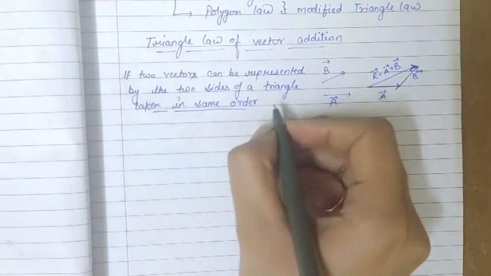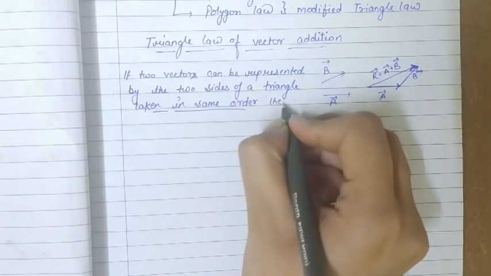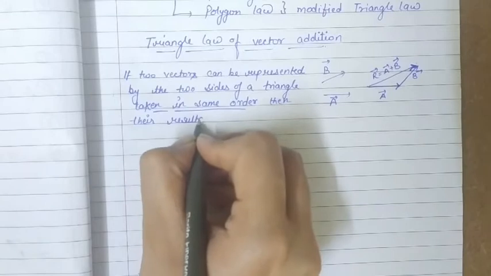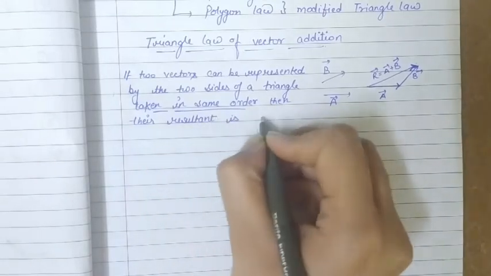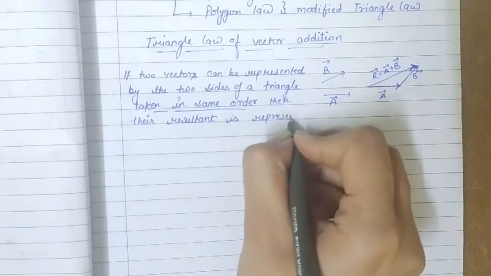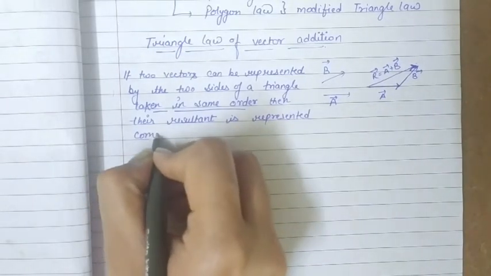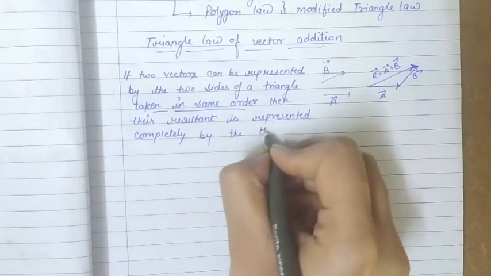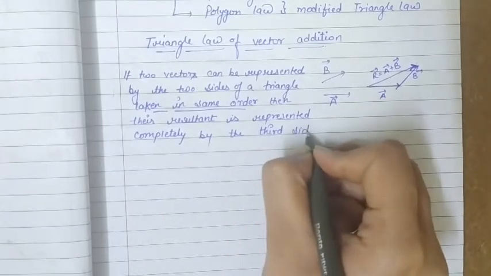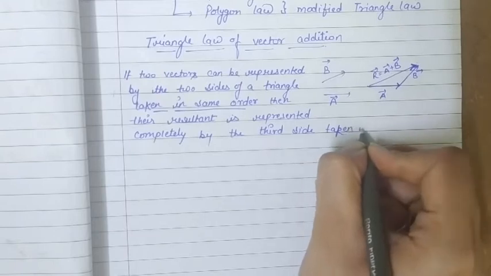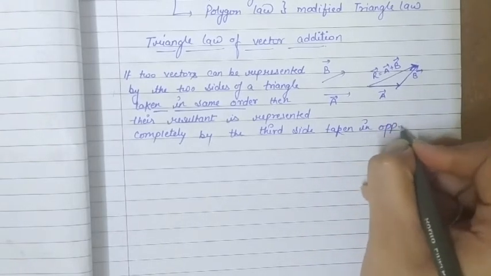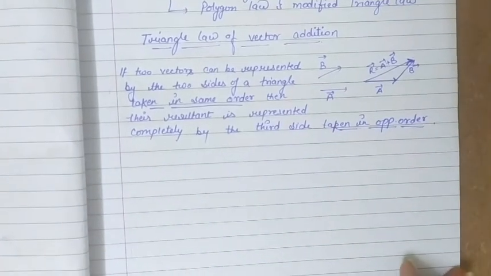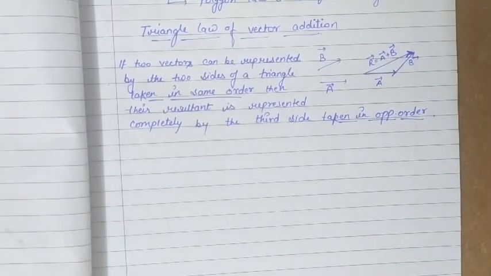Two sides of a triangle taken in same order, then their resultant is represented completely by the third side taken in opposite order. This third side has to be in opposite order to define the resultant vector completely in magnitude as well as in direction.